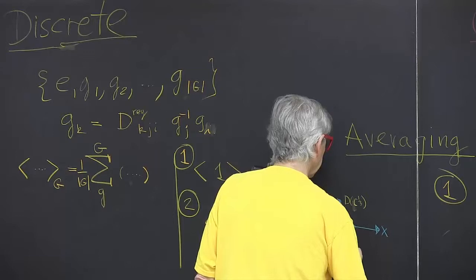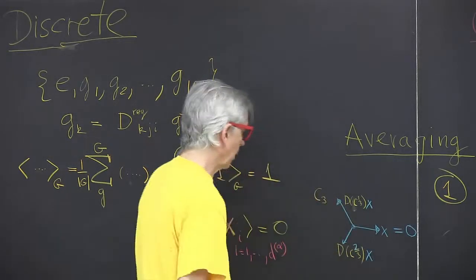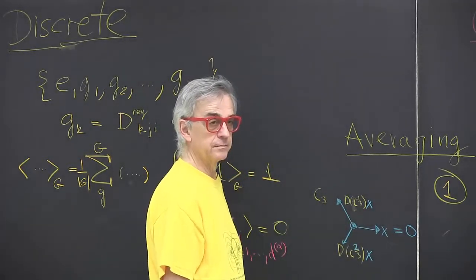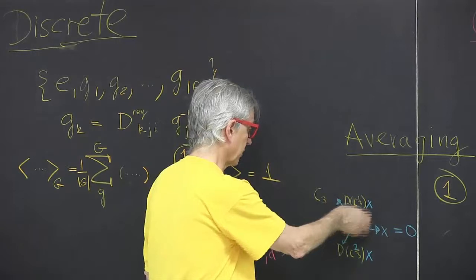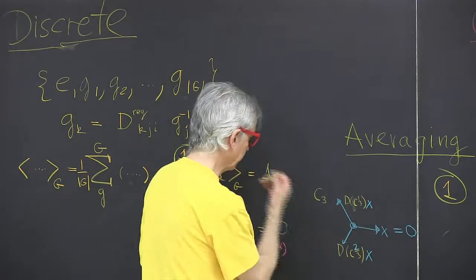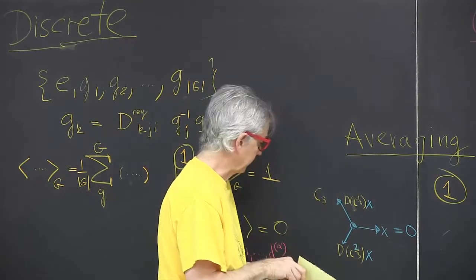I can act on it with 2 rotations. And obviously the average over this vector of the space is 0, because it runs on a circle, so sum of these two things.